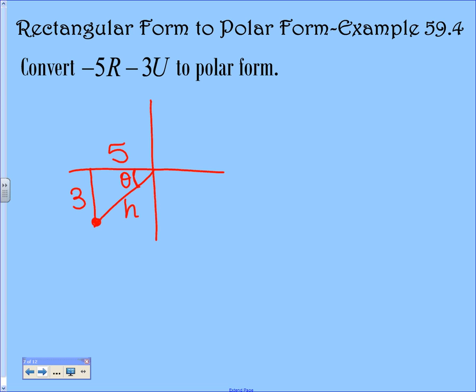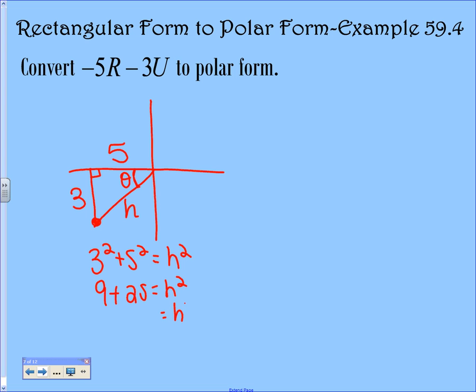We're going to do the Pythagorean theorem to find your h, because it's a right triangle. So what is 3 squared? What is 5 squared?